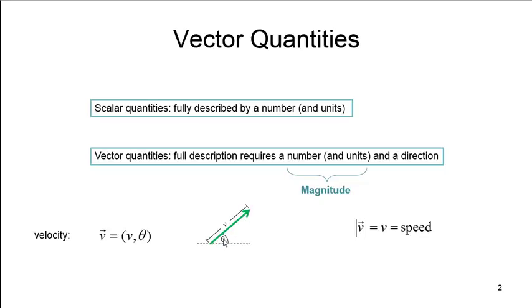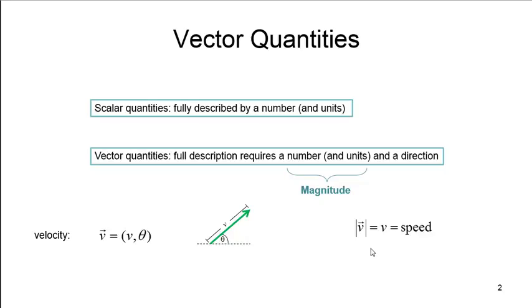And the angle theta is always measured with respect to the horizontal. So here's my vector. I would draw a dotted line along the horizontal, and the angle theta is the angle between my vector and the horizontal. So that's what theta represents.